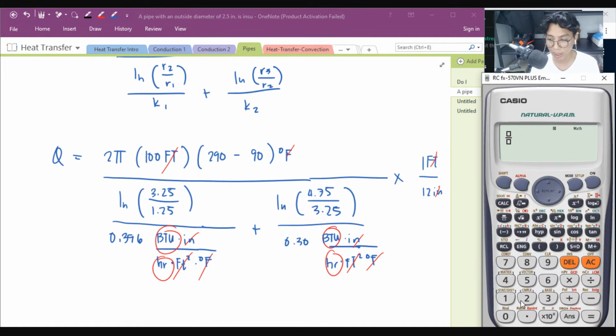We can solve for the value. 2 pi times 100. O ito, pwede na itong mental math. So, 290 minus 90, that is 200. Divide by the ln ng 3.25 over 1.25 divided by 0.396, plus the natural logarithm nung 4.75 over 3.25 divided by 0.3.